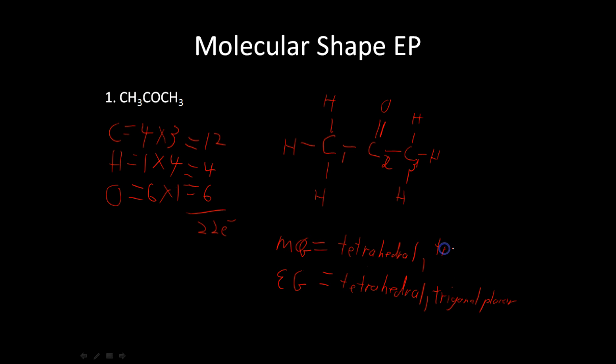If we look at the third one, we see that it's got 4 electron domains. They're all involved in bonding, and so that would also be tetrahedral, tetrahedral. I'm not going to write it because I'll run out of room on this side of the screen, but that's what they would be.